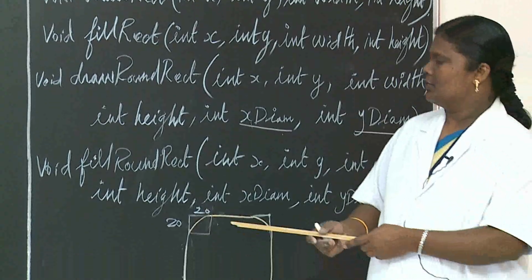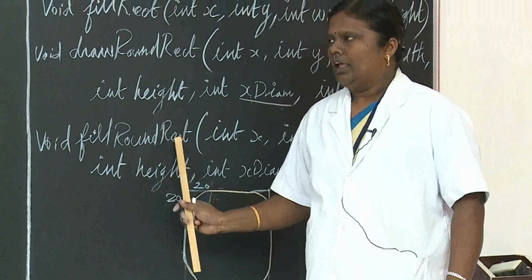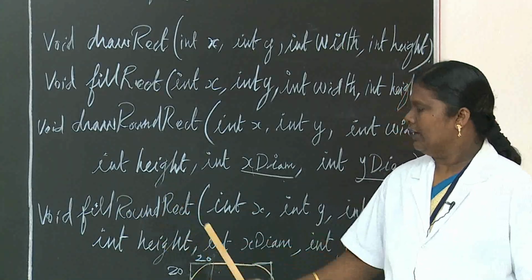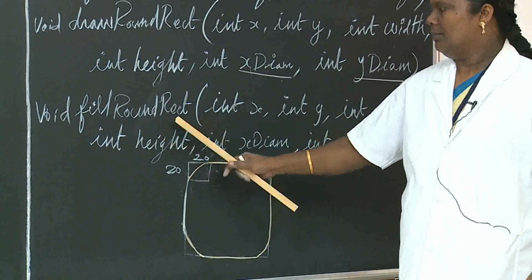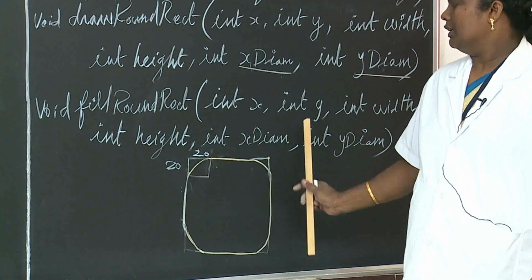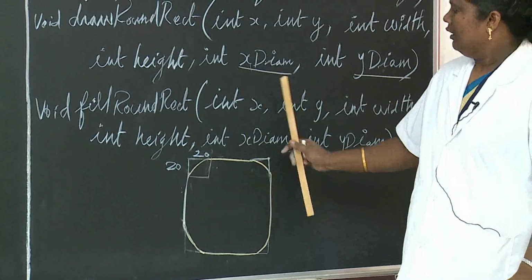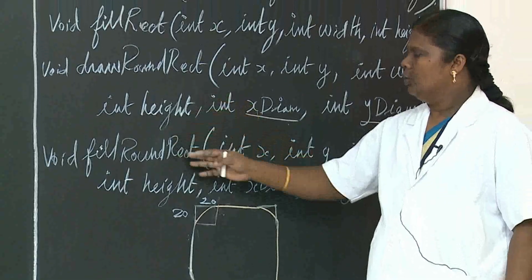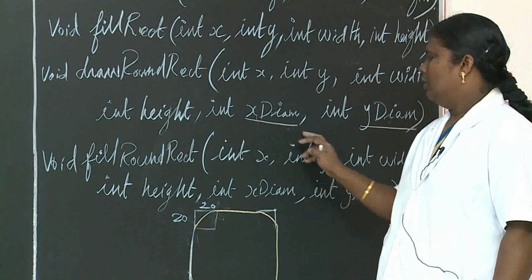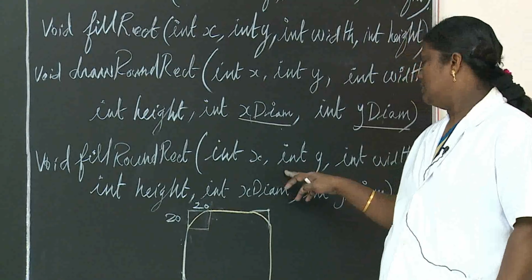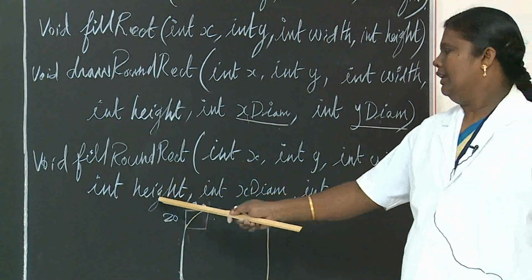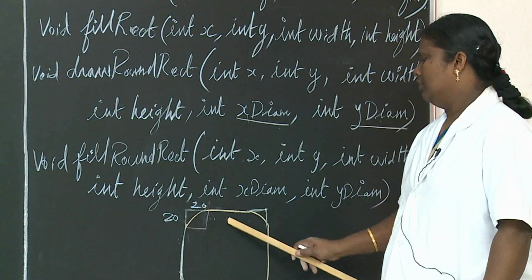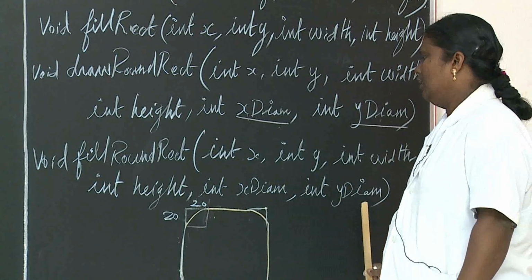The next and final function is fill round rectangle. Like fill rectangle, this function is going to fill the round-shaped rectangle. The same parameters will be passed to do the fill. As with the round rectangle, we need to pass the starting coordinates x and y, then width and height, then, as usual, the diameter of this curve, the x diameter and y diameter.